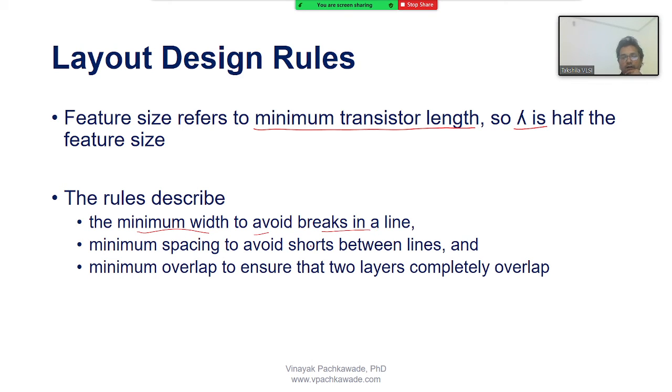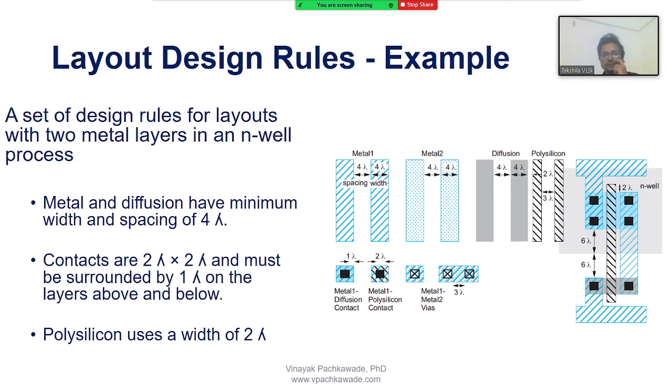It will also tell you the distance between two lines when you draw the layout, the minimum spacing to avoid shorts between lines. We'll see that in a moment. It will also tell you the minimum overlap, so that as a designer you can ensure two layers completely overlap and all these things. We'll see by means of some diagrams.